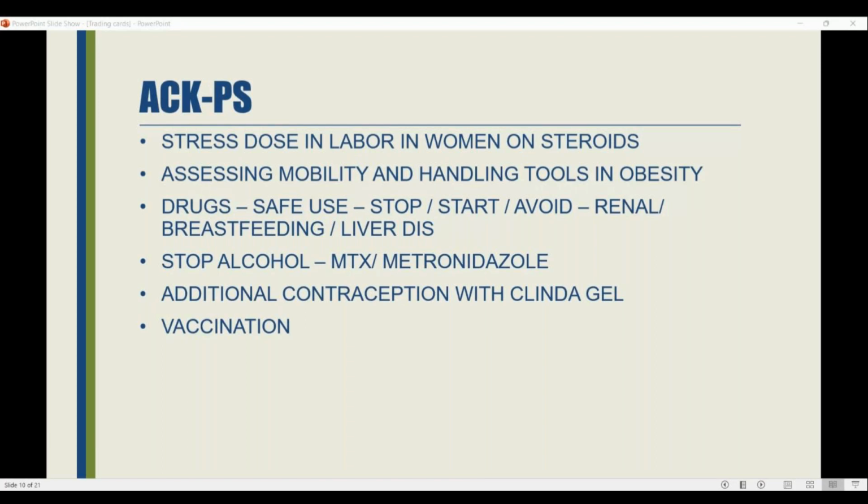Drug use, safe use. If she is breastfeeding, is it a safe drug? If it is a safe drug, you will tell the patient that it's a safe drug. Like if she is on lithium, you will tell her, we will not be able to offer you this drug if you will be breastfeeding your baby. So at that time, we'll stop it and switch it over with a safer medicine, but in consultation with your mental health specialist.